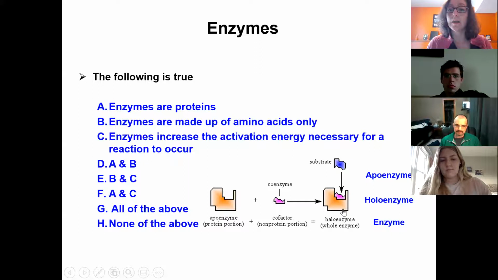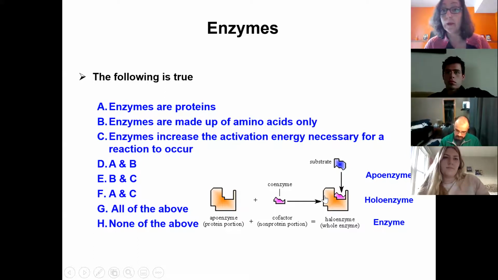So this enzyme is not only made up of amino acids, and some enzymes might have other groups like phosphates and elements like chloride needed to work and become active.